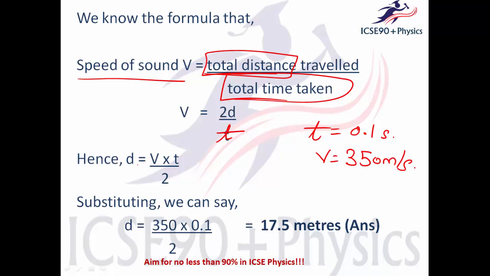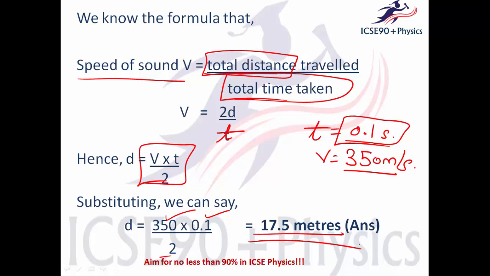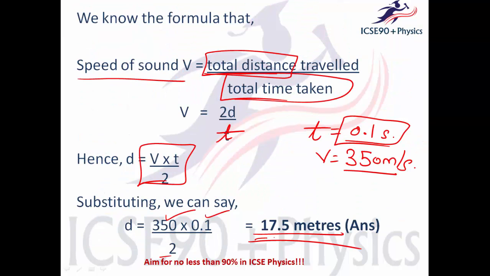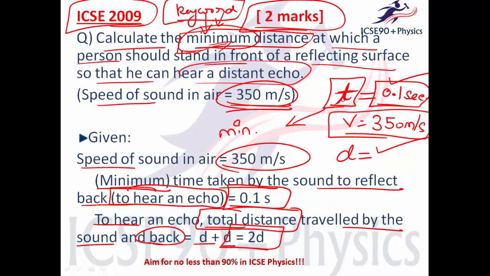We get d is equal to velocity into time upon 2, which is nothing but 350 into 0.1 upon 2, which is nothing but 17.5 meters. And you can thus write the final statement as the minimum distance at which a person should stand in front of the reflecting surface is 17.5 meters to fetch you 2 straight full marks for such a question asked in ICSE 2009. So a very important question indeed.